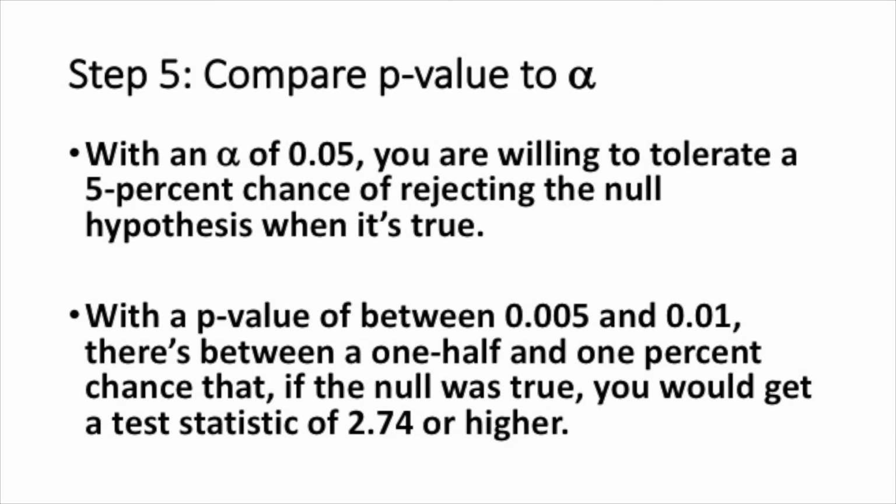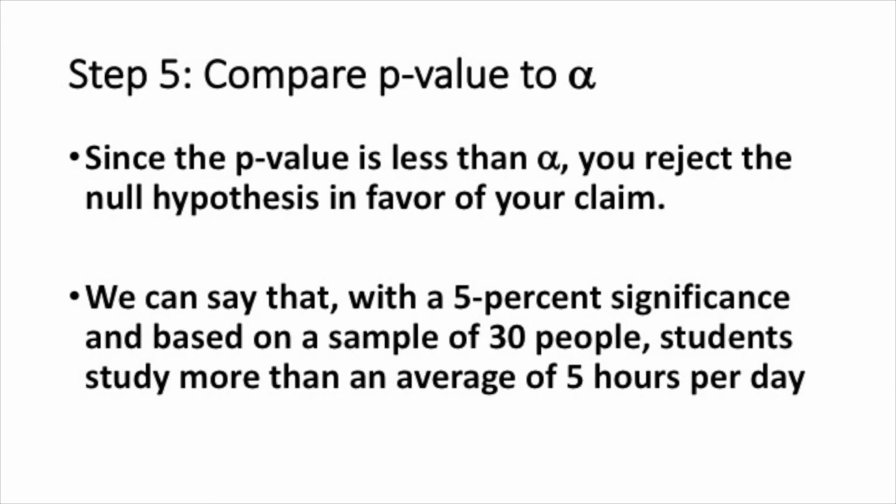But with a p-value of between 0.005 and 0.01, there's between a 0.5% and 1% chance that, if the null was true, I could have gotten a test statistic of 2.74 or higher. Since the p-value is less than alpha, we can reject the null hypothesis in favor of the claim. In other words, with a 5% significance level, and based on our sample of 30 students, we can conclude that students study more than an average of 5 hours per day.